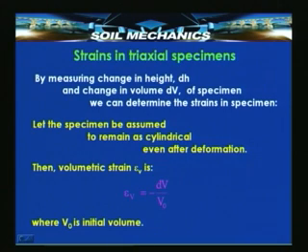It is very obvious that the volumetric strain will be epsilon v equal to minus dV by V0, where dV is the change in volume. The change in volume can be easily measured by attaching the pore pressure unit, and the original volume V0 is known for the specimen, and therefore epsilon v, the volumetric strain, can be easily computed.